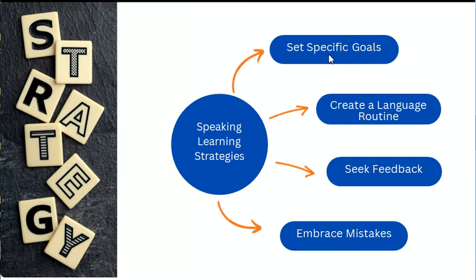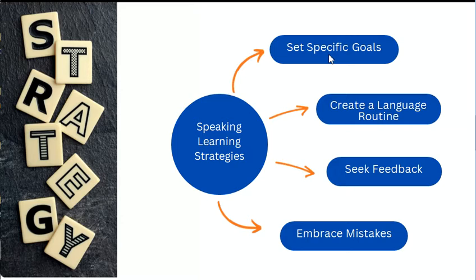Because if you don't have a goal, there is nothing that you can achieve. Your goal might be, well, I must improve my English speaking fluency this year. By this semester, I will improve my English language speaking fluency or accuracy.